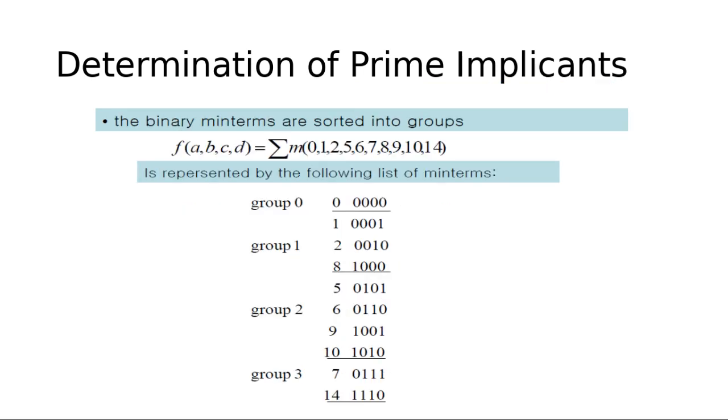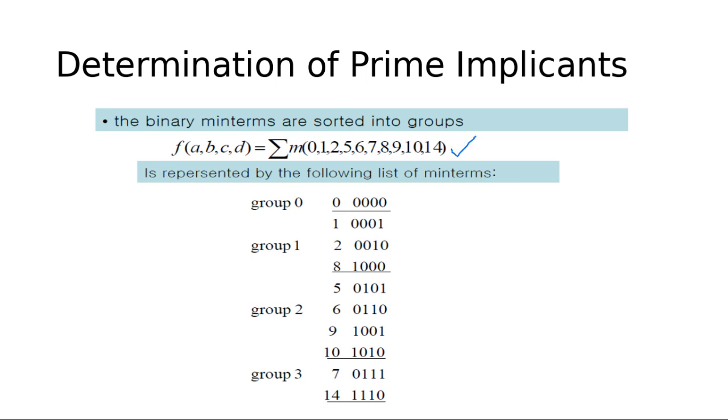Let's see the determination of prime implicants, and let's begin the Quine-McCluskey method. In the first step, there's a function. This is an example function.